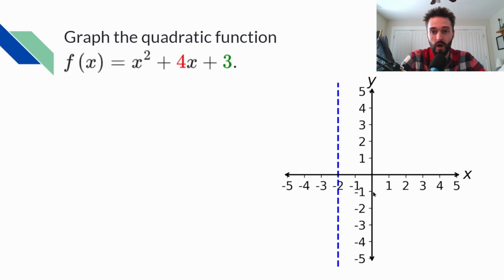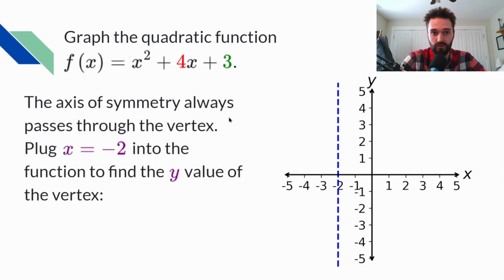So we know where the axis of symmetry is, and we know that this parabola opens upward. So let's use the vertex formula to find its location. Okay, the axis of symmetry always passes through the vertex, right? No matter what quadratic function you have. So we found its equation, right? We found that its equation is x equals negative 2.